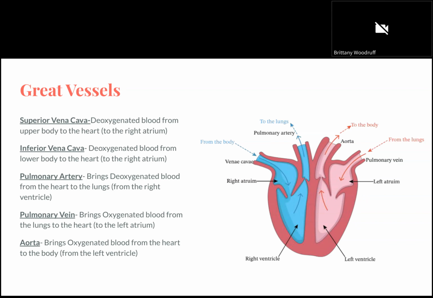So it is going to go back out to the lungs. What does pulmonary mean? Lungs. Okay. Do arteries go towards or away from the heart? Away. So pulmonary arteries are going away from the heart in general.